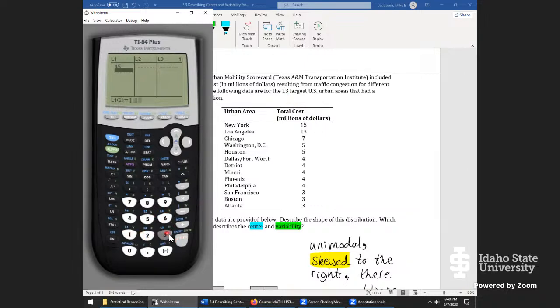So at 15, 13, 7, 5, and 5. This is where I make mistakes. 1, 2, 3, 4, 5 fours. 1, 2, 3, 4, 5. Okay, then finally 3 threes. 1, 2, 3.